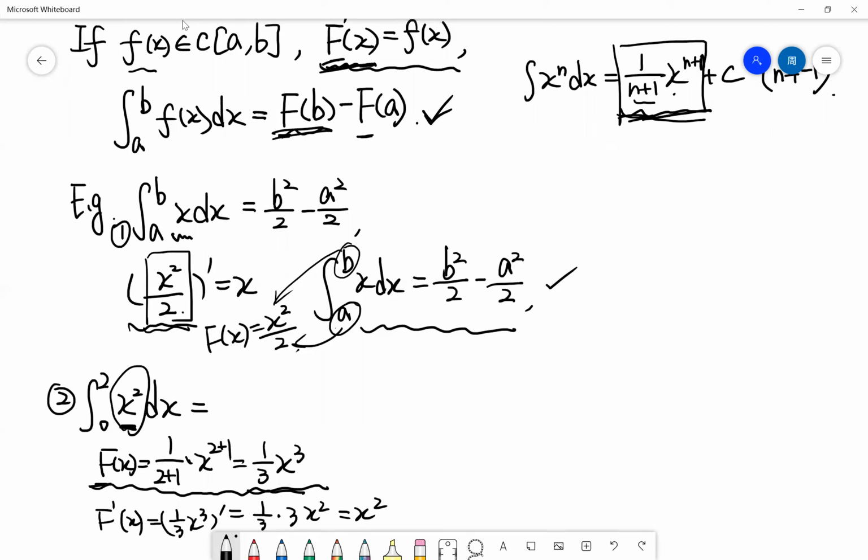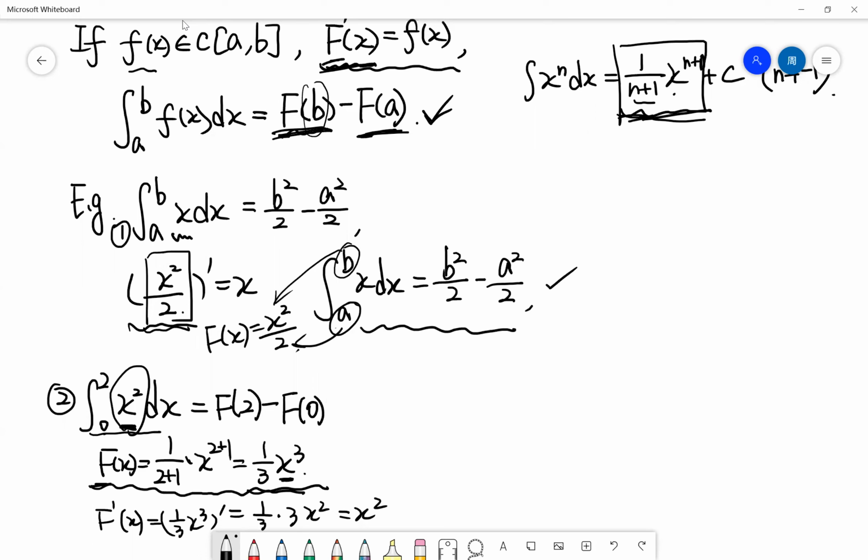And then from the formula, as long as you have figured out which one is the antiderivative function, you first substitute the upper limit into this function. Here, the upper limit is 2, right? So you first substitute 2 into this function, that is capital F of 2. Then minus the lower limit, that is capital F of 0.